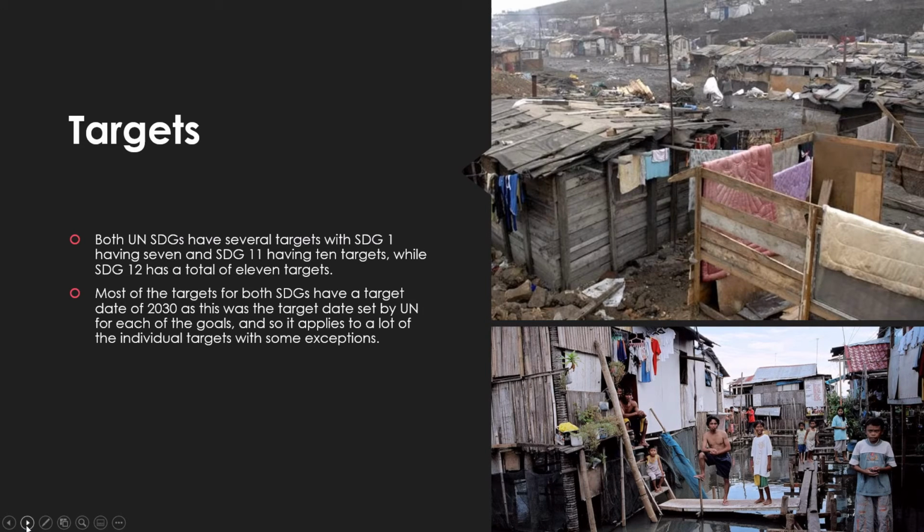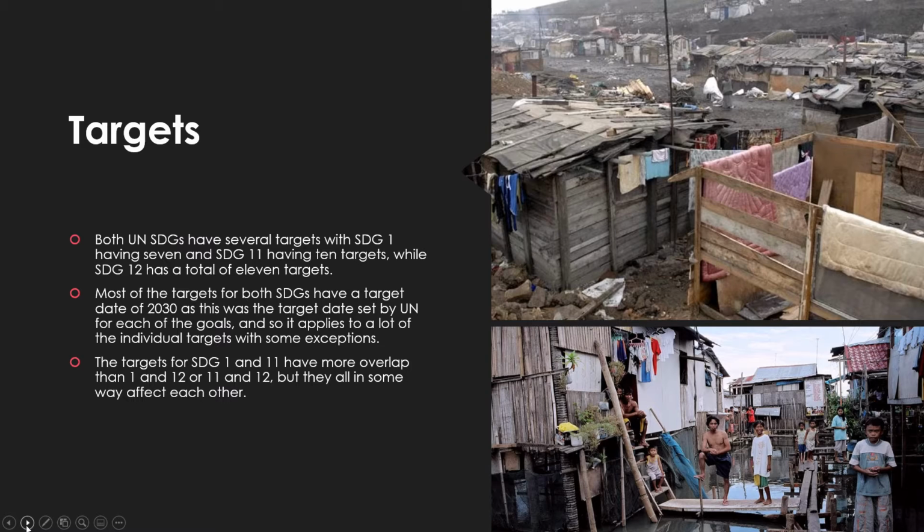So just quickly going over targets. The SDGs have several targets: SDG 1, 11, and 12. A lot of targets have a set date of 2030. That's the one they want to reach. And the targets for SDG 11 and 1 overlap well, but not 1 and 12.